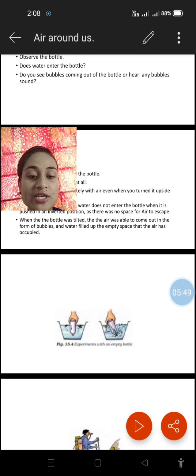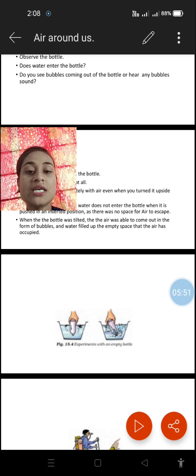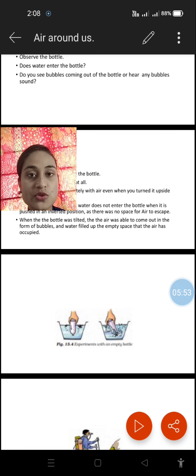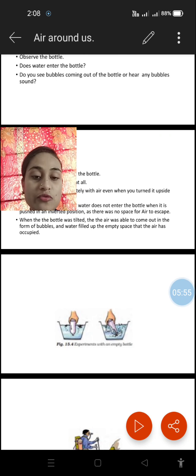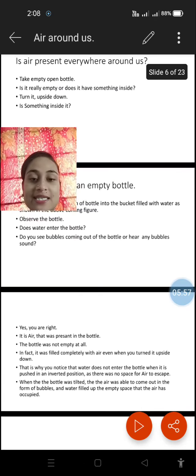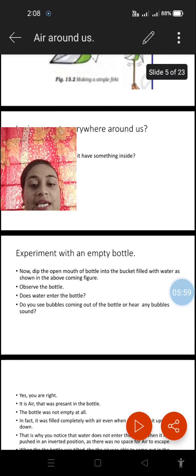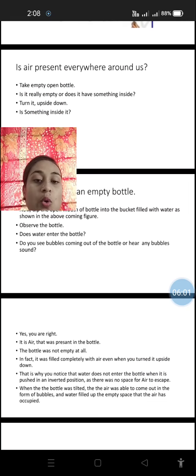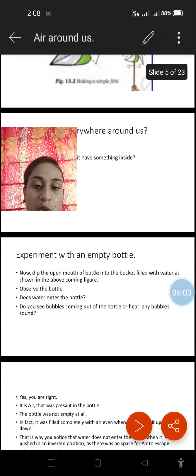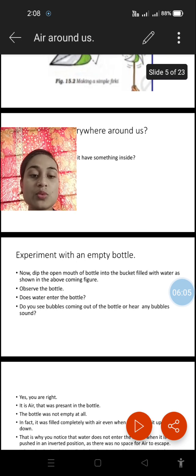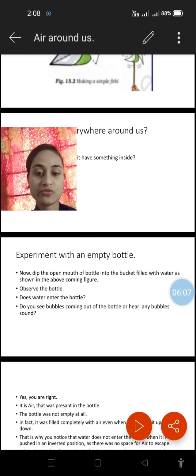Now we are trying to fill water in it, so all the air is coming out of this bottle in the form of bubbles. Yes, absolutely. Now dip the open mouth of the bottle into the bucket filled with water as shown in the figures.